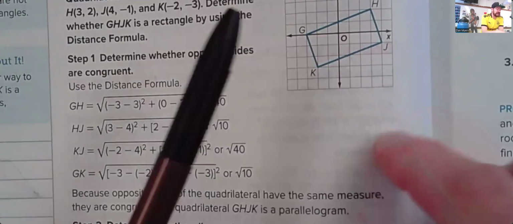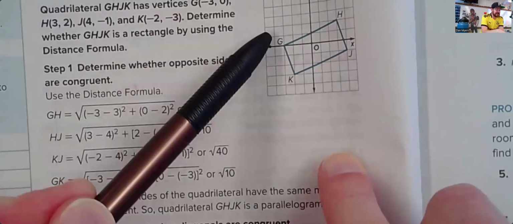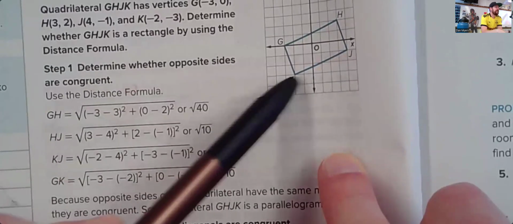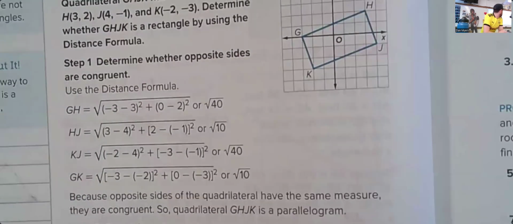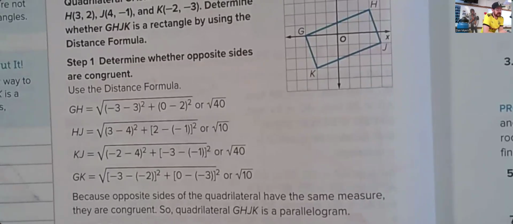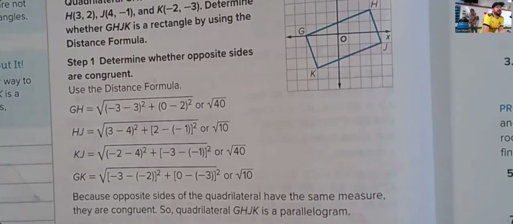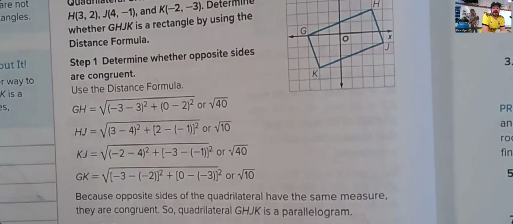Because if you can prove that the slope of GK is the same as the slope of HJ and the slope of GH is the same as the slope of KJ, then the opposite slopes are the same, which means the opposite sides are parallel, which makes it a parallelogram. That would be my recommendation. We'll go through this, and then I'll go back and tell you how I would do this if I was given an option.